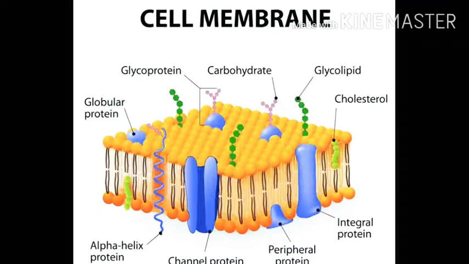Fourth, it is involved in endocytosis and in active and passive transport. Fifth, in some cells it is involved in adhesion and the formation of vesicles, cilia, flagella, microvilli, etc. These are some main functions of the plasma membrane.